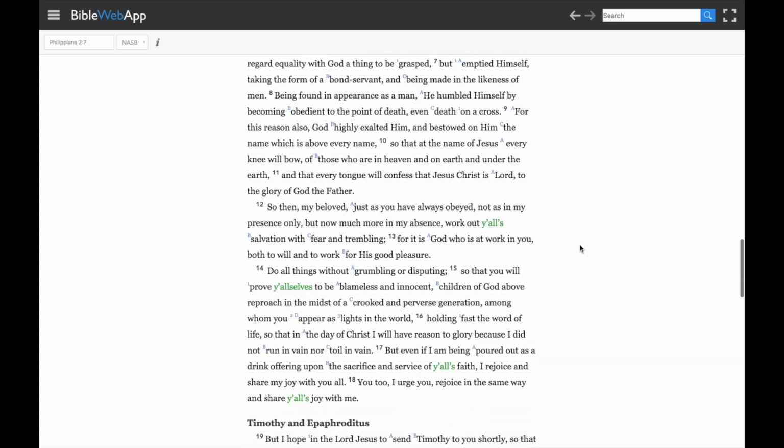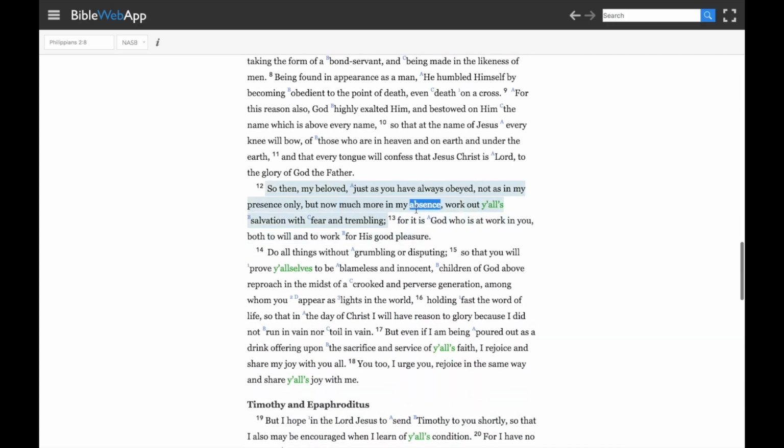This word here is plural, and so we should reflect that in English. We scroll down a little bit. We see in verse 12, work out y'all's salvation with fear and trembling. Right? So this is very helpful for us to actually see that there's a lot of plural terminology in the New Testament when we would normally think that it's singular terminology.